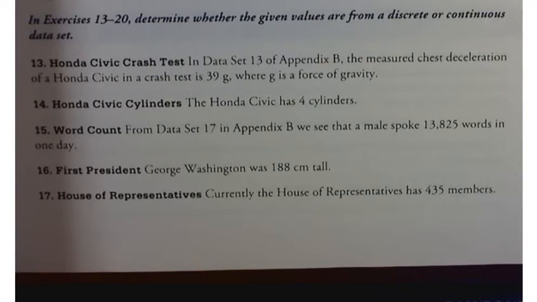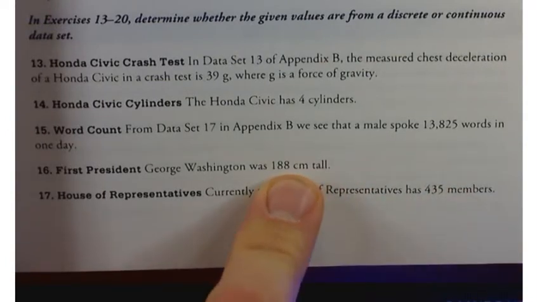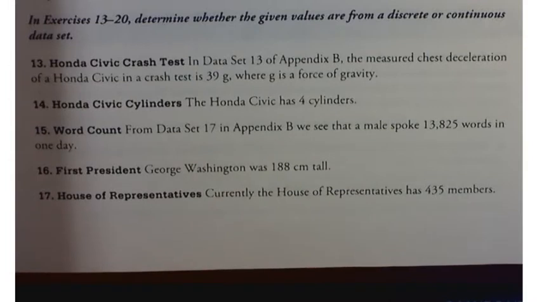George Washington was 188 centimeters tall. I'd say that's continuous, right? You could be 188.5, 187.3, etc. You can be anything on a scale from some really, really low height to, I think, Robert, start with an L. There was a guy who was 8 feet 11 inches tall.